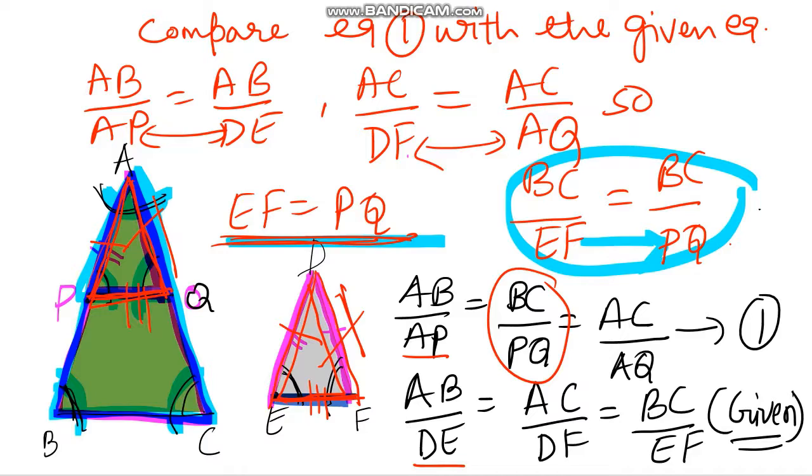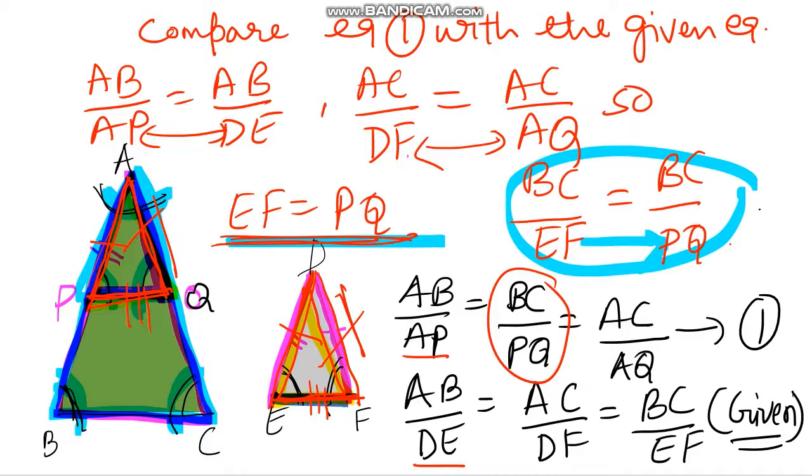So this means triangle APQ is congruent to triangle DEF. See, all congruent triangles are similar, but all similar triangles are not congruent. So we can also say that APQ is similar to DEF, but at this particular point, it is very necessary for us to understand that triangle APQ is congruent to triangle DEF.